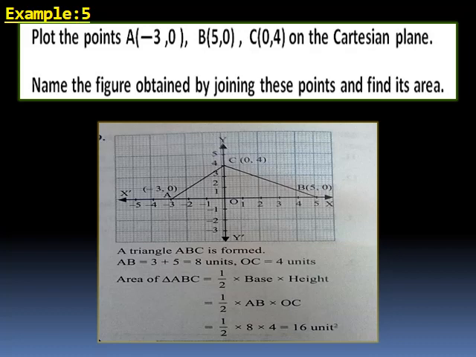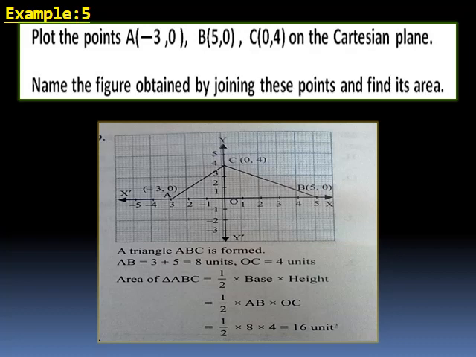Here the x coordinate is -3, y coordinate is 0. When the y coordinate is 0, the point lies on x-axis. And if the x coordinate is negative, therefore it is on the negative side of x-axis. So the point A -3, 0 lies on x-axis in the negative direction of x-axis.